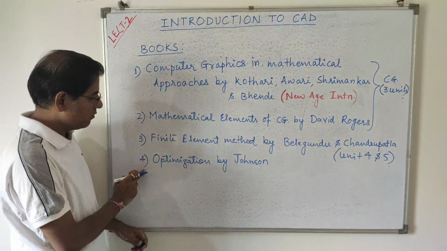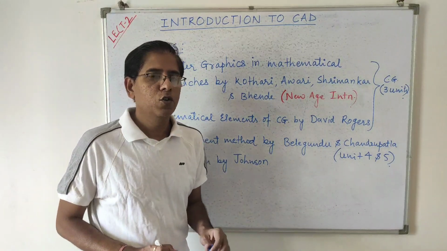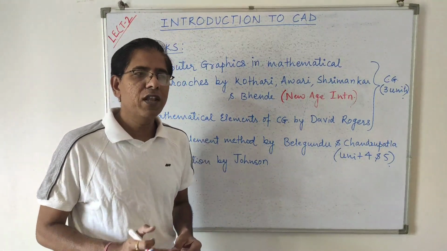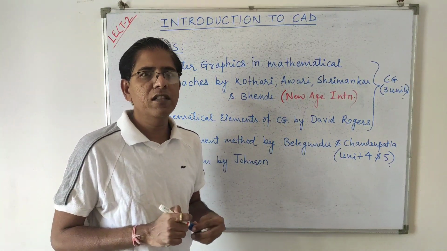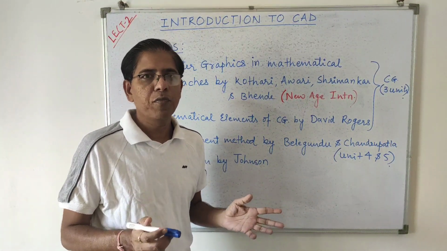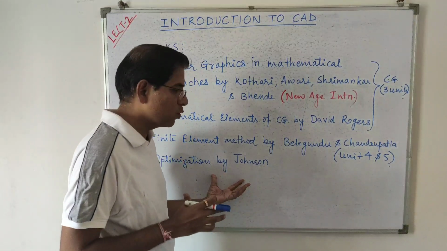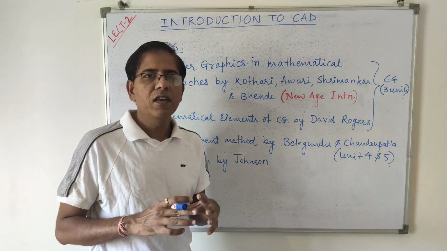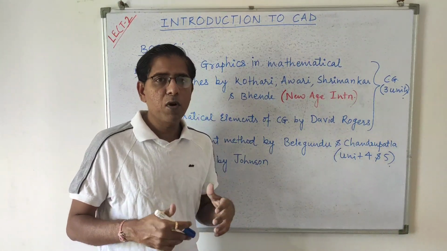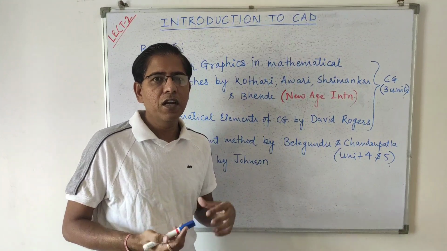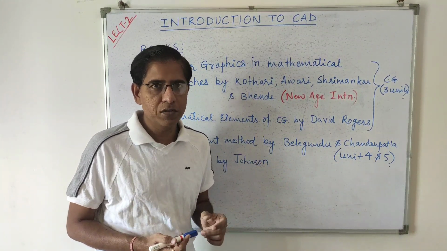And the last one, the fourth one, is Optimization by Johnson. This is a very old book. Its last edition was printed in the year 1982, and since then there has been no printing of this book. So it is very rarely available in the library. In the Nagpur libraries, it is only available in the VNIT library, and that too only 2 copies.